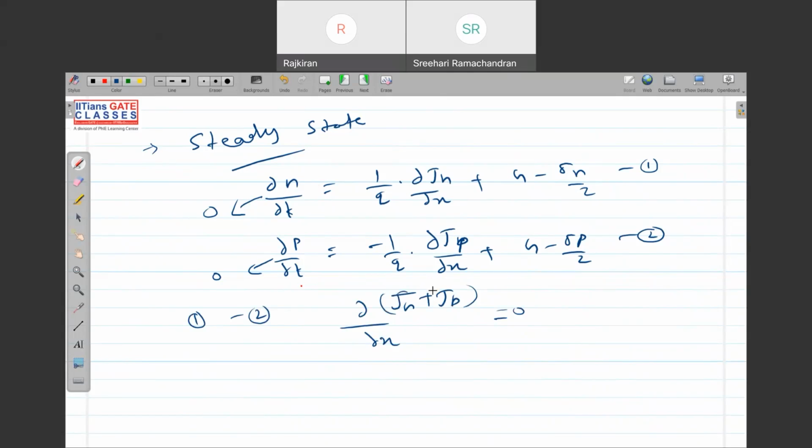Even though Jn and Jp will vary with distance, if you add Jn and Jp in steady state, the total current is constant through the device. So by putting different conditions in the continuity equation, I'll get different situations, right? So this is just an introduction.